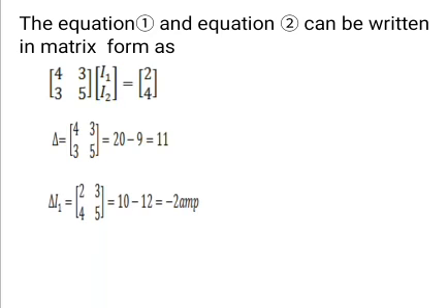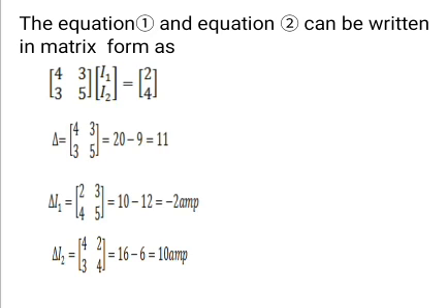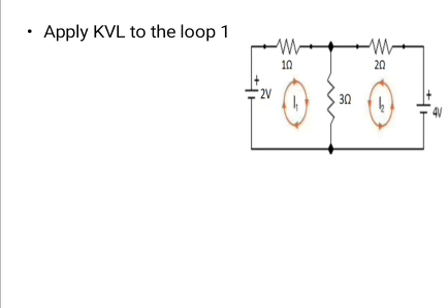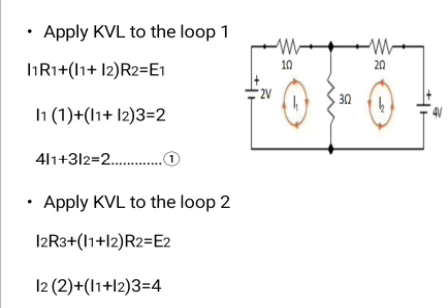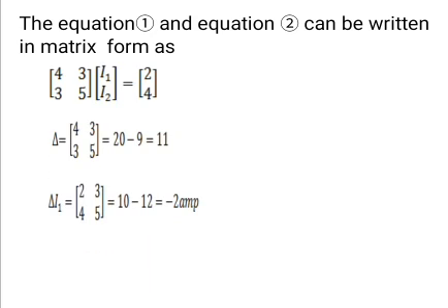The first column 4, 3 is replaced by 2 and 4, which are the answer values. So 2 into 5 is 10, minus 4 3s are 12, 10 minus 12 equals minus 2 amp.